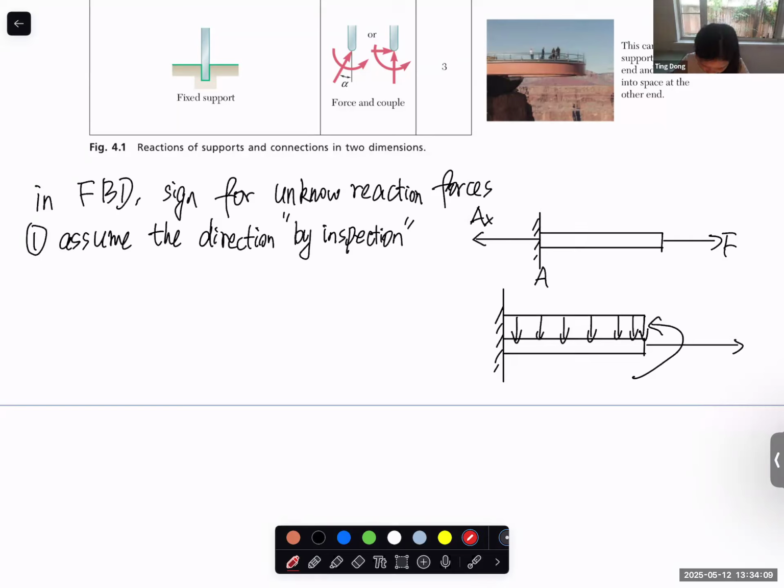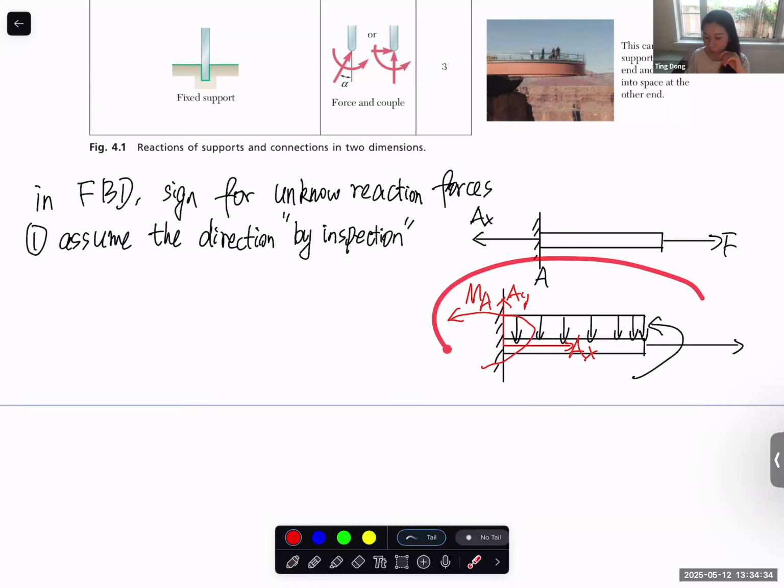So based on global coordinates, this is the reaction force in the y direction, this is a positive AX, and this is a positive reaction moment. So we just put everything in the positive direction based on the coordinates. And now we use this one to do the calculation.